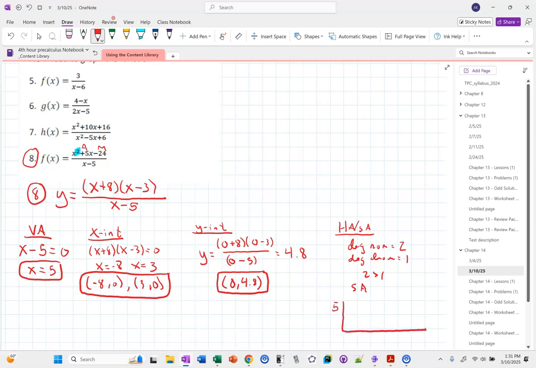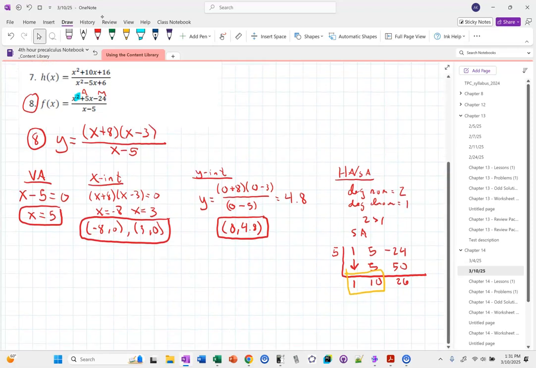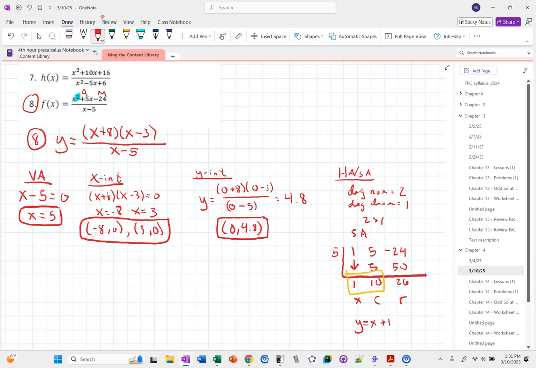Because the denominator is monic, I can do that division as synthetic division. So this piece right here is the quotient. That tells me my slant asymptote is y equals x plus 10.